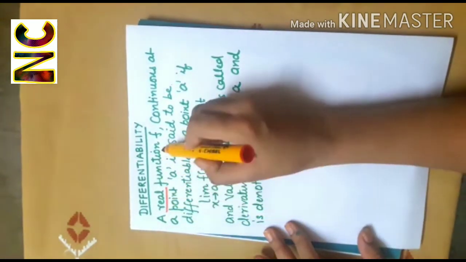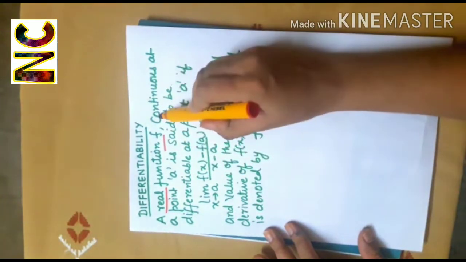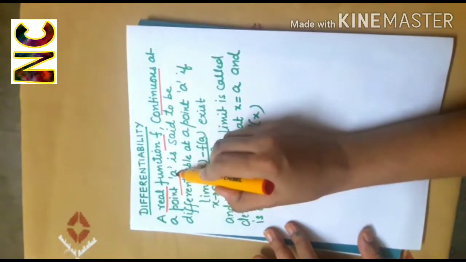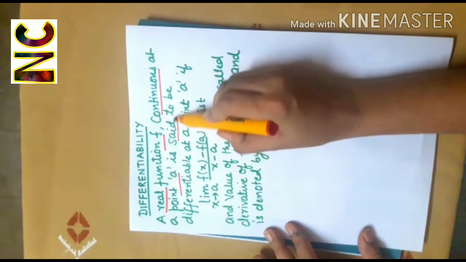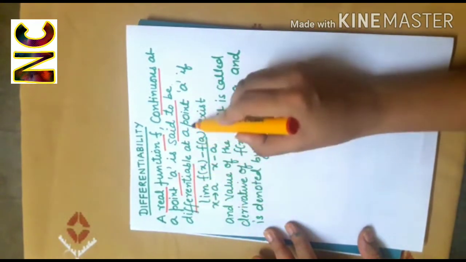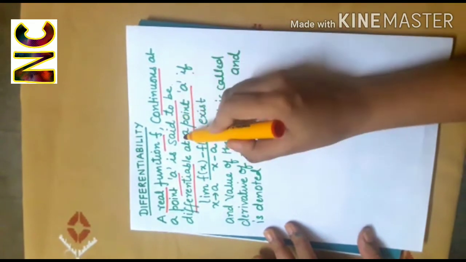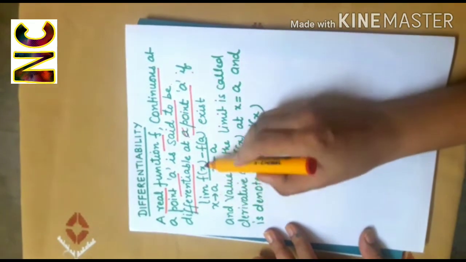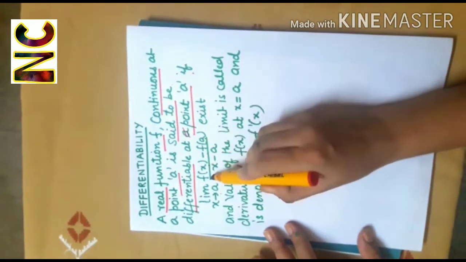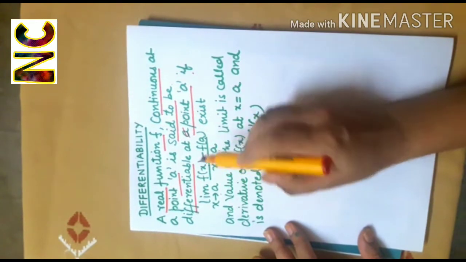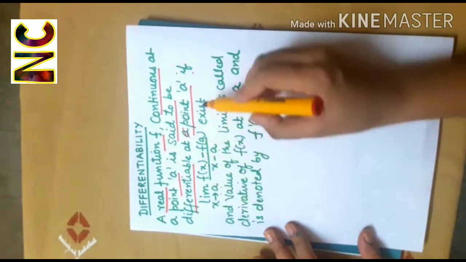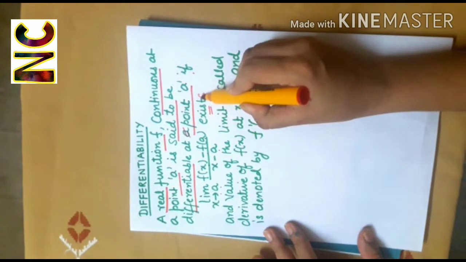A real function f continuous at a point a is said to be differentiable at a point a if the limit of f(x) minus f(a) over x minus a as x approaches a exists.